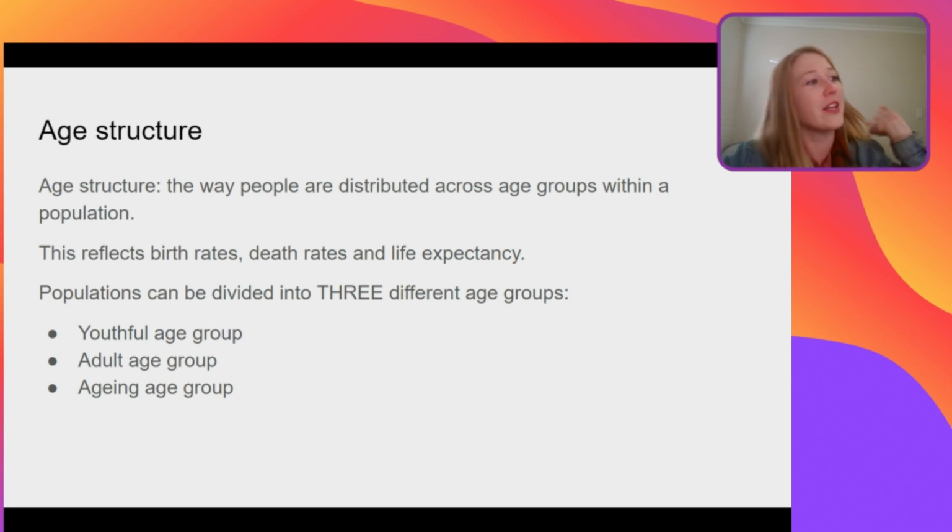So the youthful age group is around anything from infant to 16. You'll see on the population graphs, the population pyramids, when we get to that, it has the same categories. So anything from 0 to 16 is youthful. So that's the kids. They should still be in school. They shouldn't be getting jobs. Not yet.